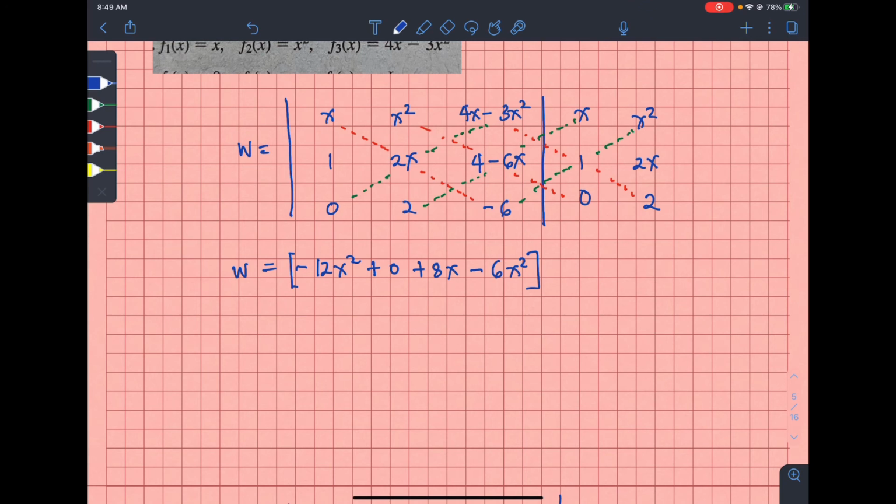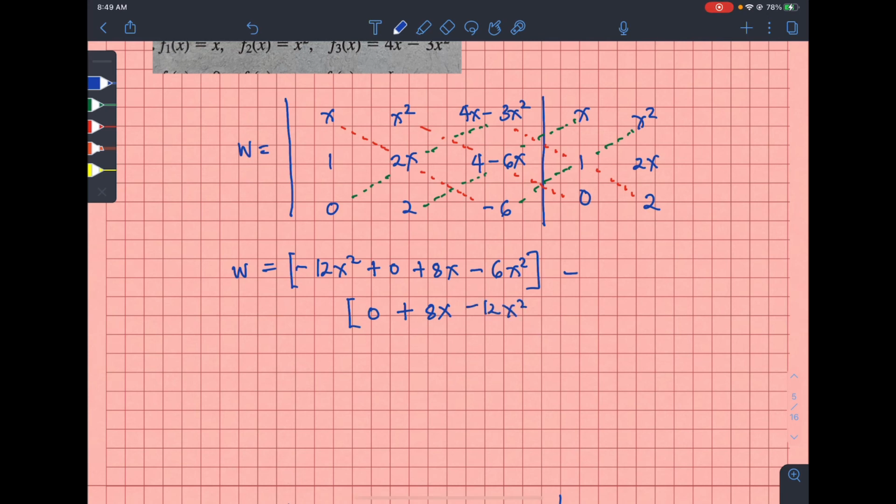So that would be the downward, the red. And minus the upward. So this is 0, 2x, and 4x minus 3x squared. So that would be 0. And then 2 times x is 2x times 4, that would be plus 8x. Then minus 2 times 6 is negative 12x squared.